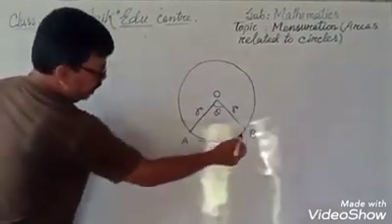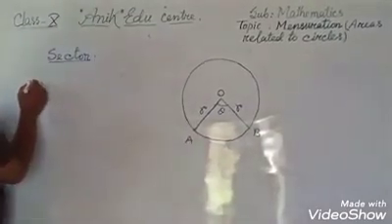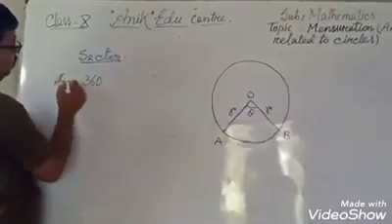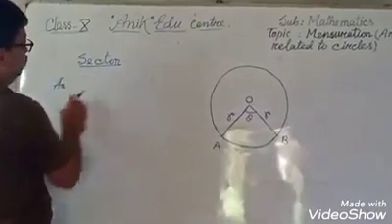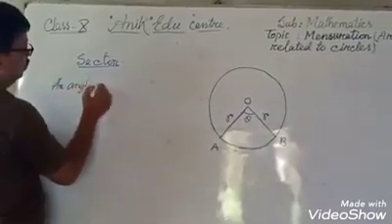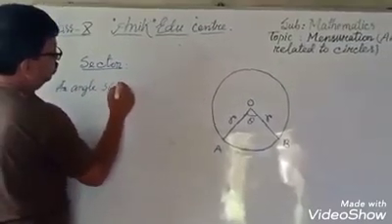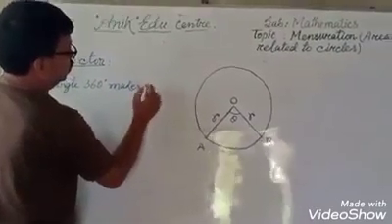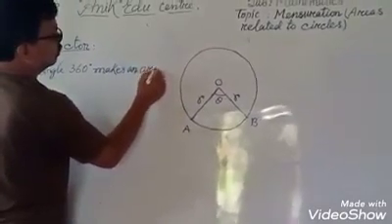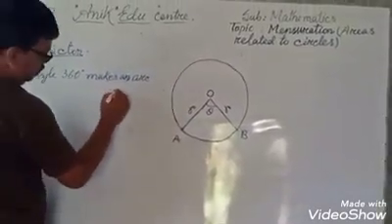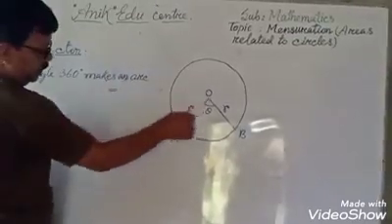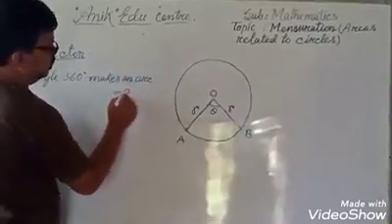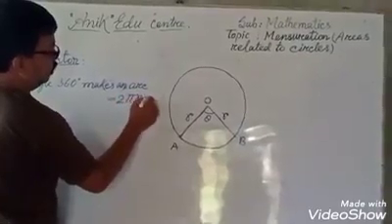To find the length of this arc, we shall write: an angle of 360 degrees makes an arc equal to, as the radius is r, the whole arc, that is the circumference of the circle, 2 pi r unit.